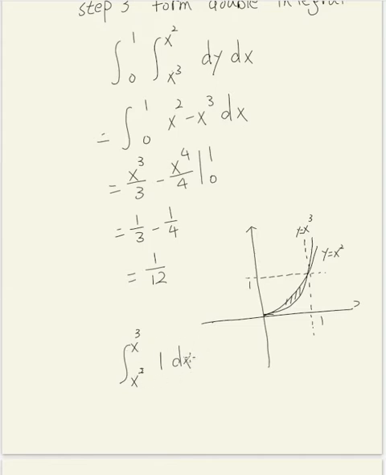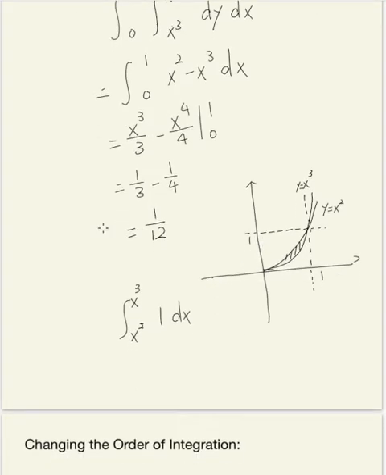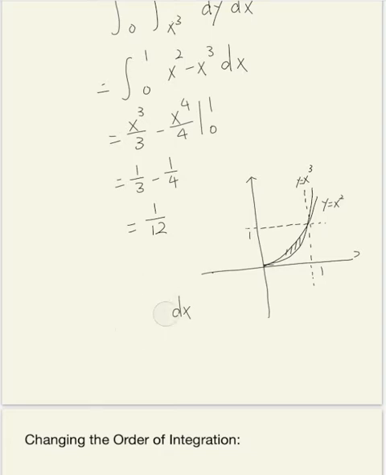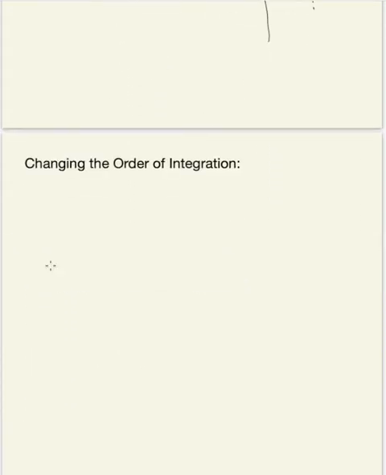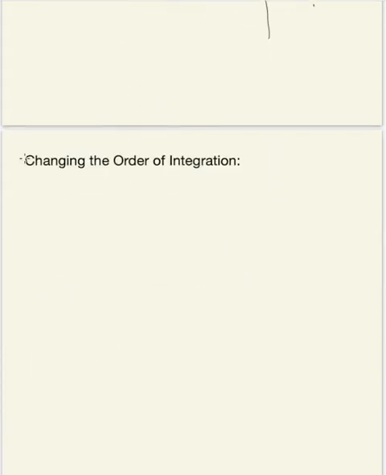The variable is appearing both in the variable you're integrating with respect to, and also in the boundaries, so it doesn't really make sense. So how do we change this area into an integral with respect to dx first, then dy? The trick is to find an expression x equals f of y that describes these two curves, which is how we change the order of integration.